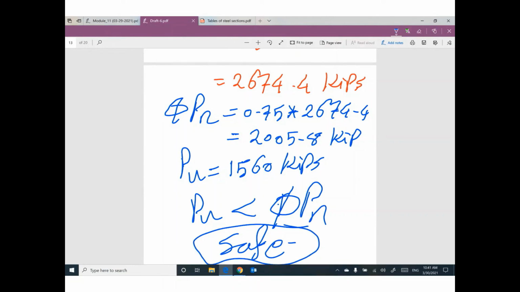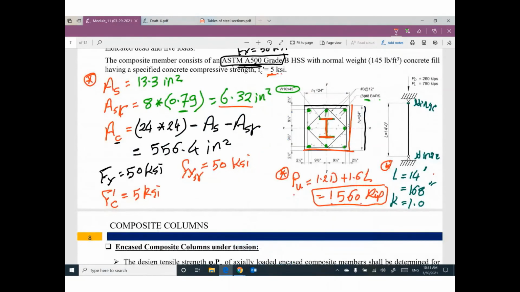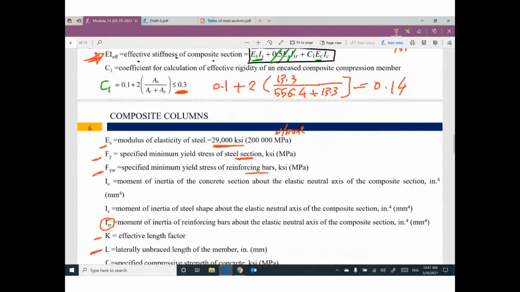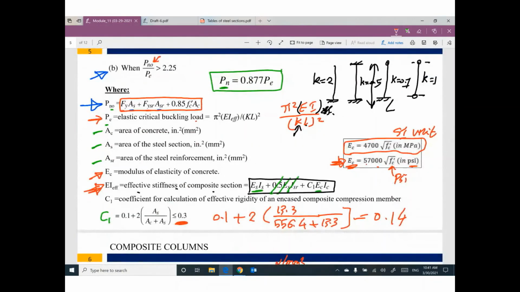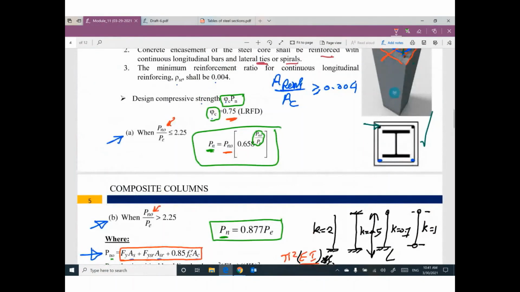Does that make sense? So, how to design a composite column? Just steps. You need to figure out these values. What is the area concrete? What is the area steel? What is the area steel reinforcement? E concrete, E steel.